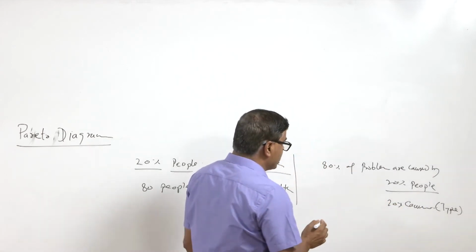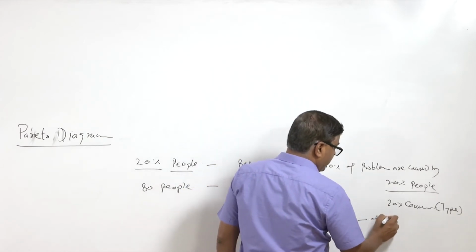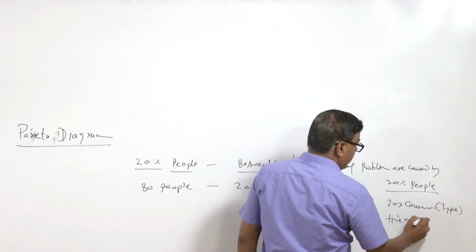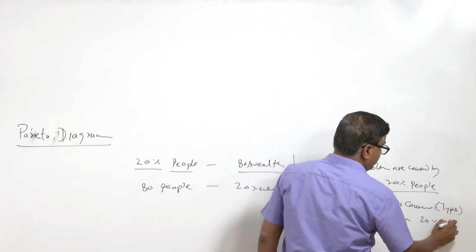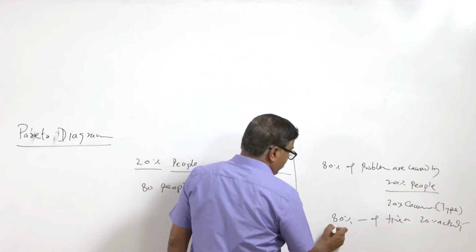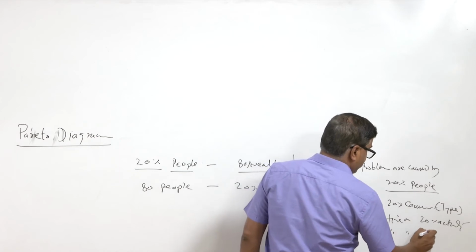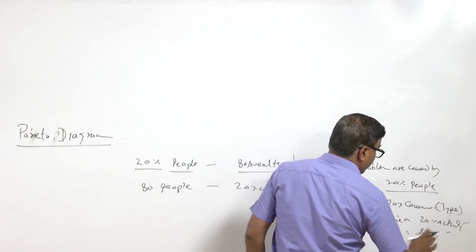Or we can say we spend 80% of our time on 20% of the activities that we do in 24 hours, while 20% of the time is spent on the 80% of the activities.